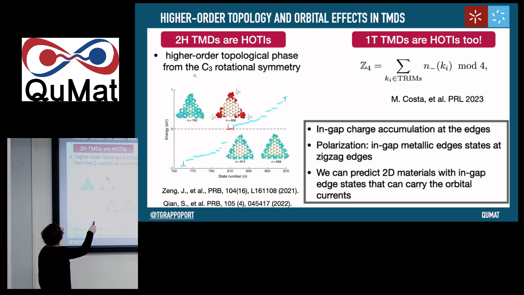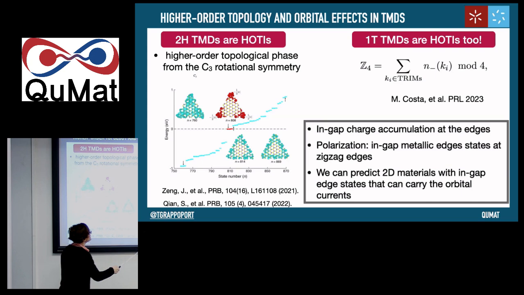Now, the funny thing about these HOTIs is that if you cut, and because you have this charge at these corners, you have a net polarization, right? Now, if I cut my system in a way with edges that are perpendicular to this polarization vector, you can think that this localized charge spreads in the edges and forms in-gap edge states that can cross this gap.